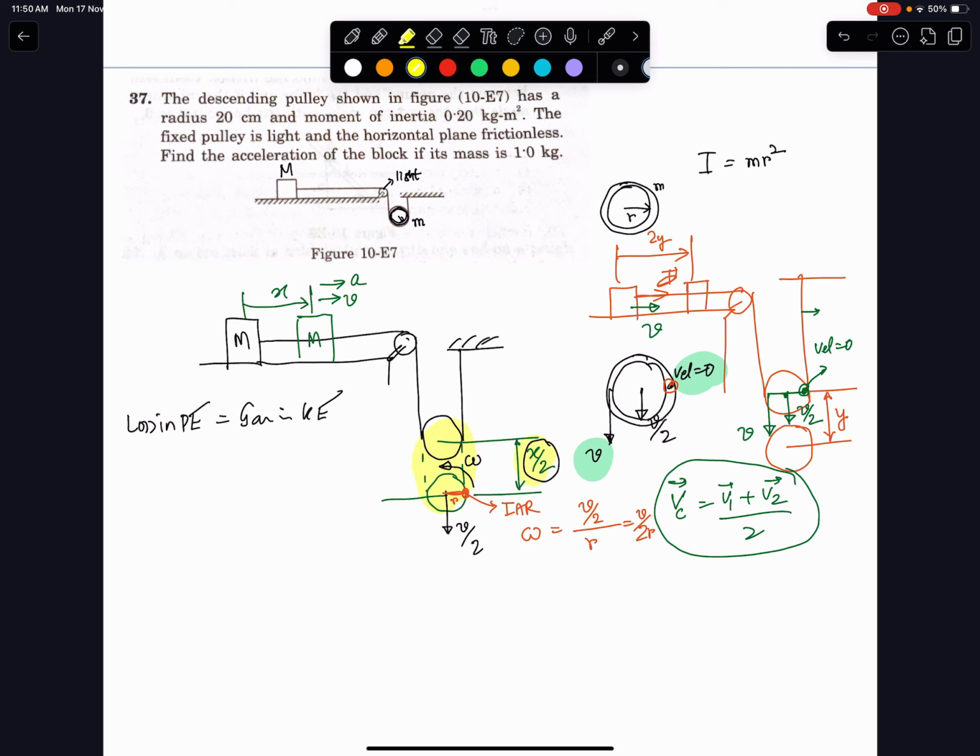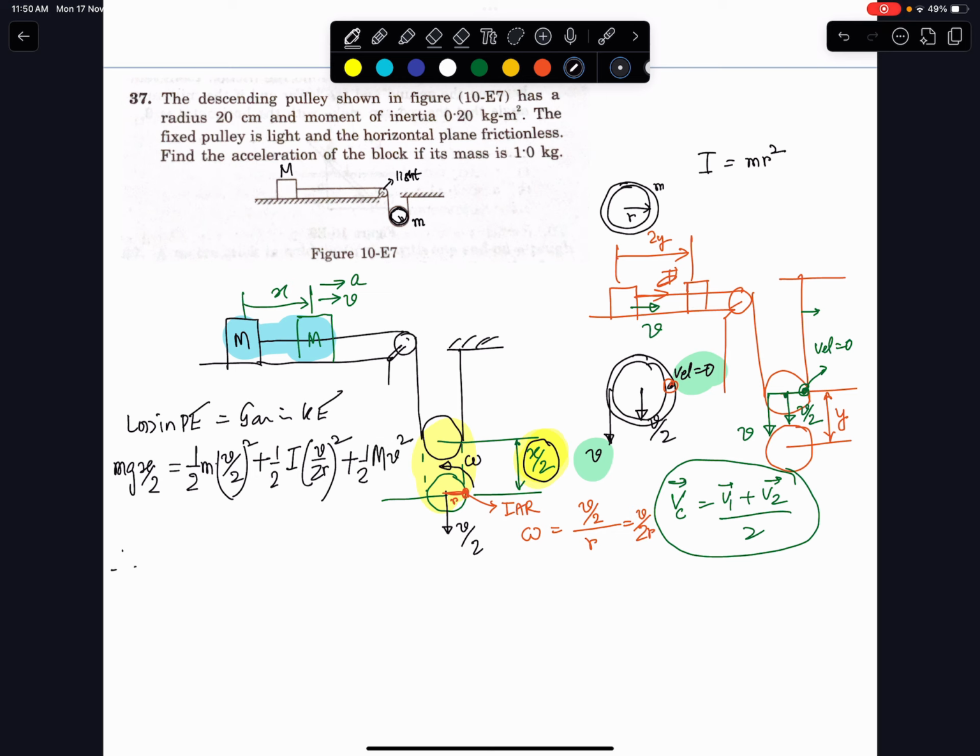The loss in potential energy of this pulley, as it goes down a height x by 2, is mg x by 2, equal to the kinetic energy. The pulley has translational kinetic energy half m (v by 2) square, plus half I into omega square, which is (v by 2r) square, plus the block also gains kinetic energy, it has speed v, so half capital M v square.